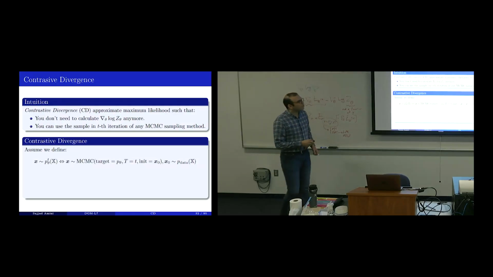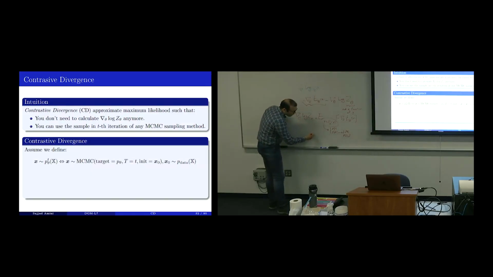But the point is that you can use the samples of these algorithms in a predefined iteration. It means that you can have just one iteration of each of these algorithms, and then use the resulting x1, which is the output of the first iteration. So it is much simpler than sampling from the true model distribution.